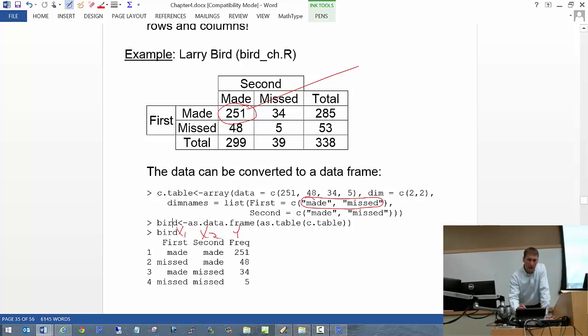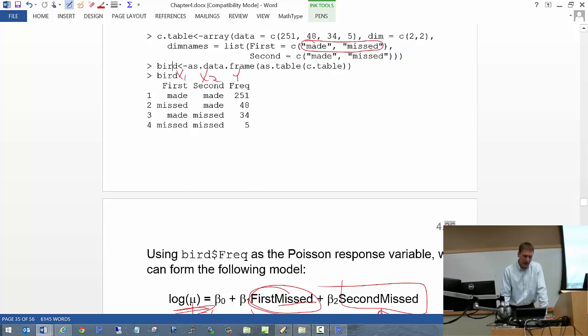Based upon what you see in these numbers here, how would I have found the estimated expected value under independence? I would take 285 times 299 divided by 338. That's the estimated expected value under independence.